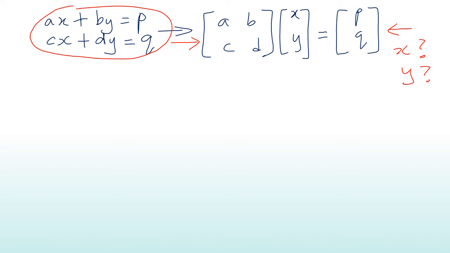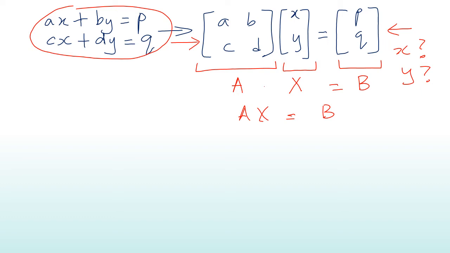Firstly, this matrix, let us name it A. This matrix is X, and this matrix we call B. And it will become AX equal B, right?